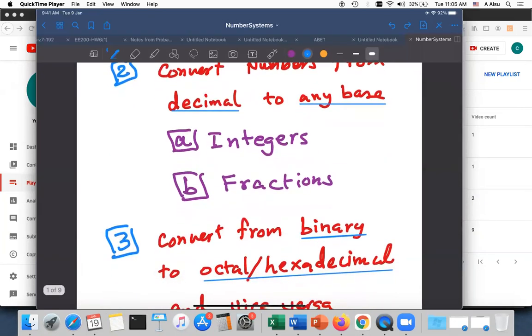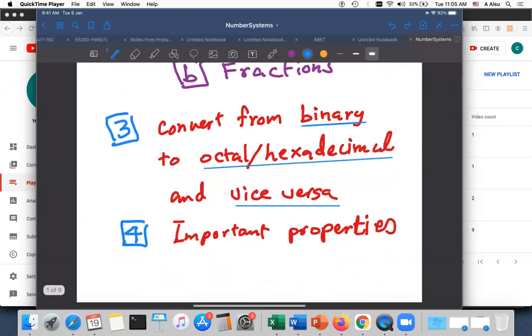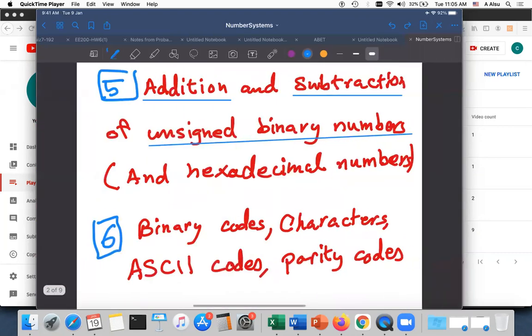And then we will study how to convert from binary to octal or hexadecimal and vice versa. Then we'll learn about some important properties in number systems. We will also learn how to perform addition and subtraction of unsigned binary numbers, as well as hexadecimal numbers.